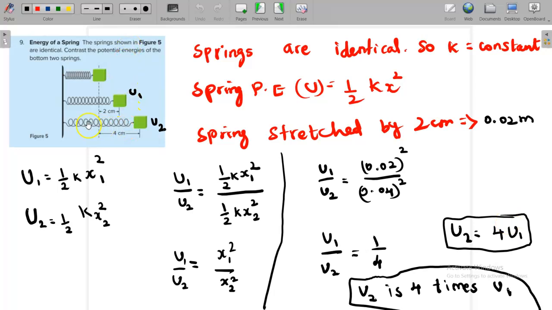Okay, if you stretch the spring by 4 centimeters, your spring energy is 4 times greater than the spring energy U1. You can pause and you can write it.